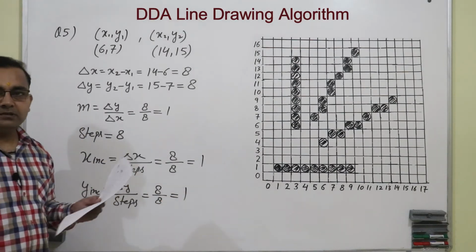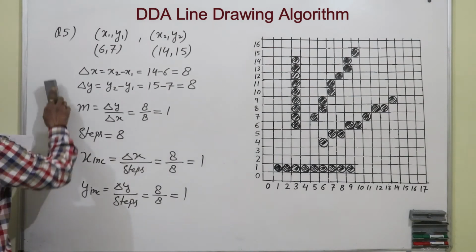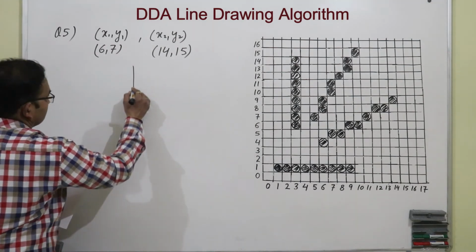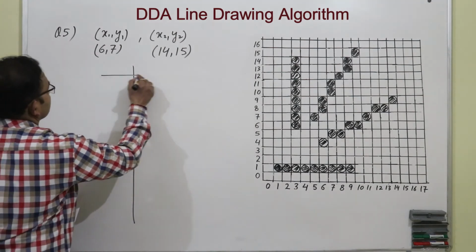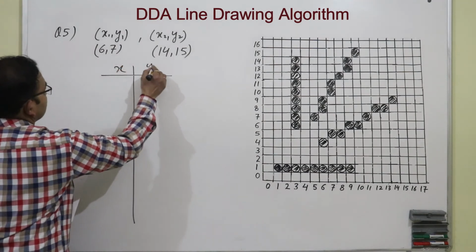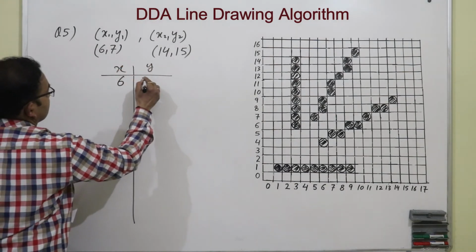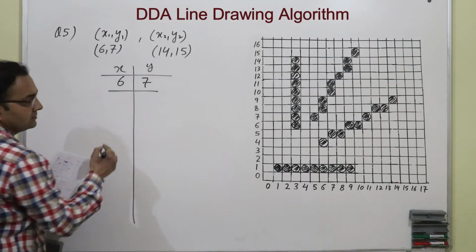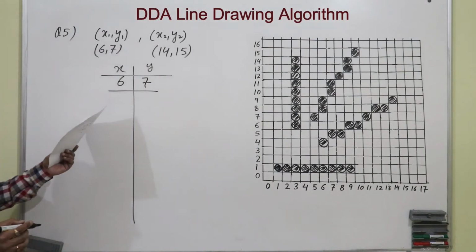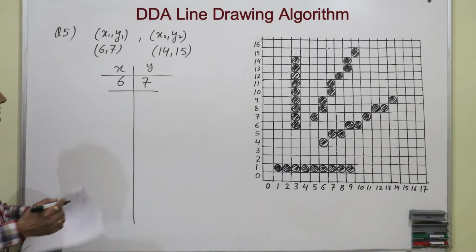Now we will draw a table. X, y, 6, 7. So in both x and y there is increment of 1.